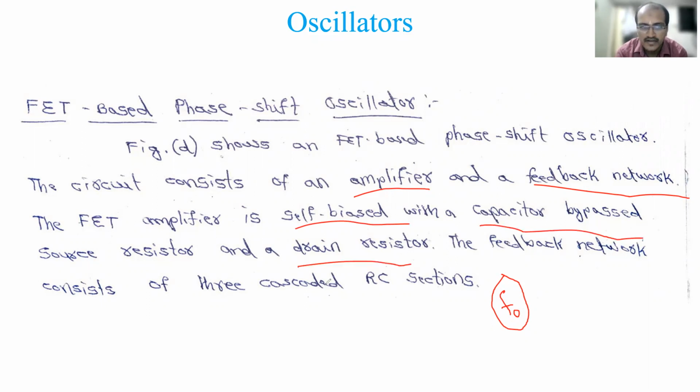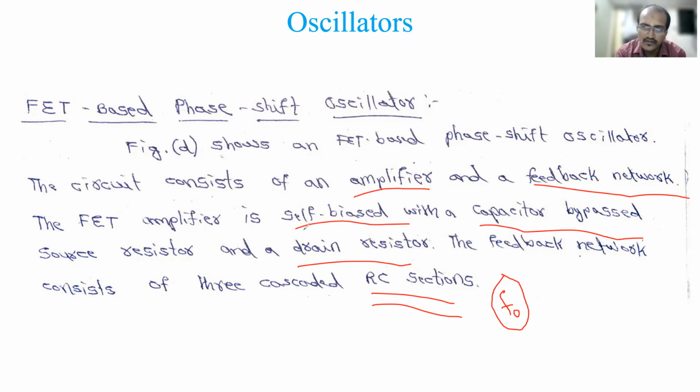The feedback network consists of three cascaded RC sections. This is the same for all the RC phase shift oscillators. I'm just changing the amplifier here; we have seen different configurations: common source, common drain, common gate. We said common source is used in MOSFET and FET based oscillators, and in the case of BJT it is the common emitter configuration.